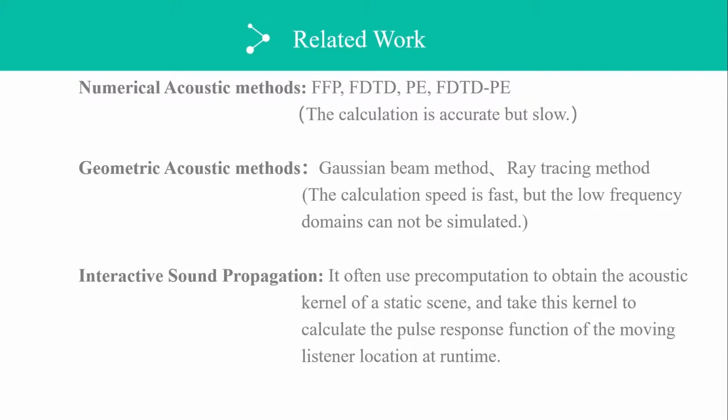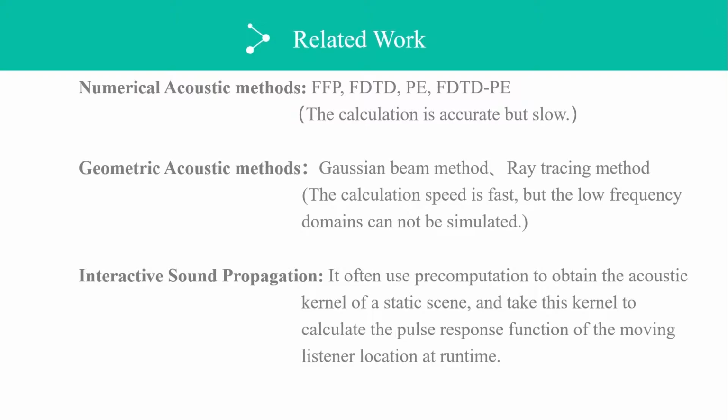Numerical acoustic methods calculate sound propagation by numerical methods to solve wave equations, including FFP, FDTD, and FDTD-PE. FFP and PE are frequency domain methods. These methods are accurate but slow. Geometric acoustic methods, including the Gaussian beam method and ray tracing method, calculate the speed fast, but the low frequency domain cannot be simulated.